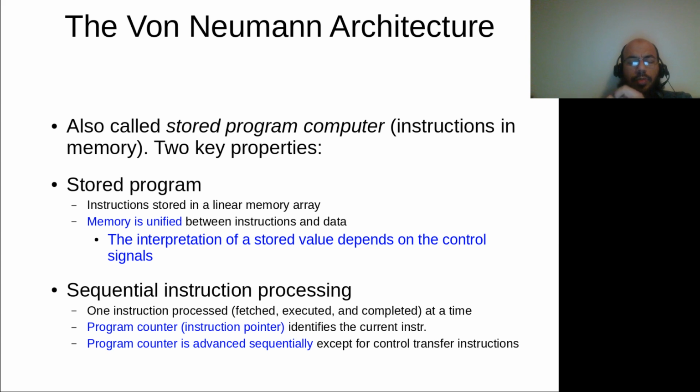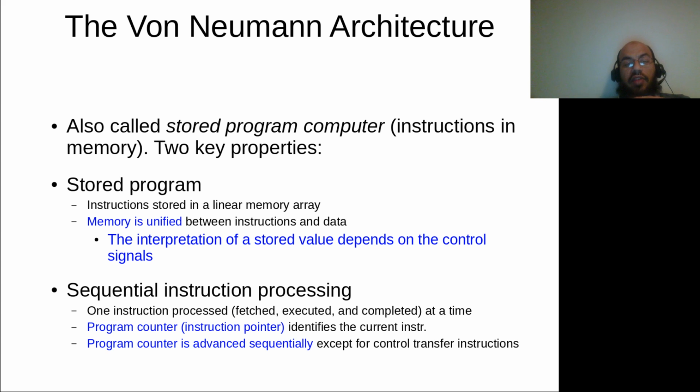And one of the major differences between the von Neumann architecture and many of the other architectures is that von Neumann basically said, okay, we should design a computer where both the instructions that are going to run and the data that the instructions will operate on will be in the same memory.